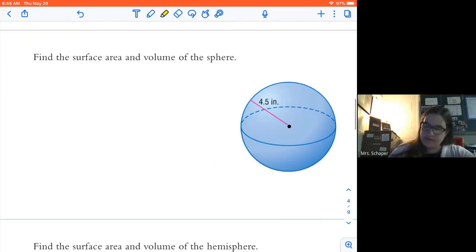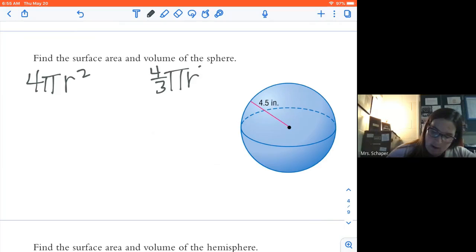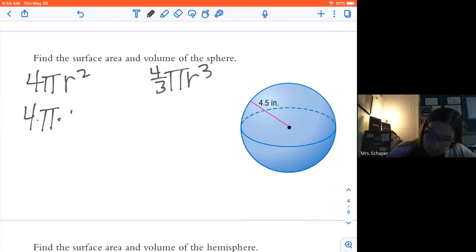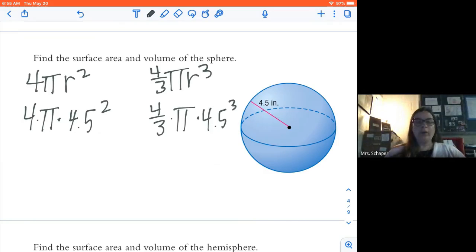Find the surface area and volume of the sphere. The surface area is 4 pi r squared. The volume is 4/3 pi r cubed. We're just going to plug in what we know, substituting them in.